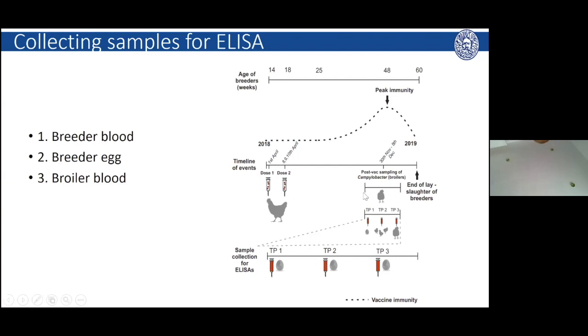And then while we sampled the progeny for the Campylobacter, we also took blood from straight after hatch, around 2 weeks of age, when the maternal antibody would be expected to decrease, and then just before slaughter, which is around 37 days of age.